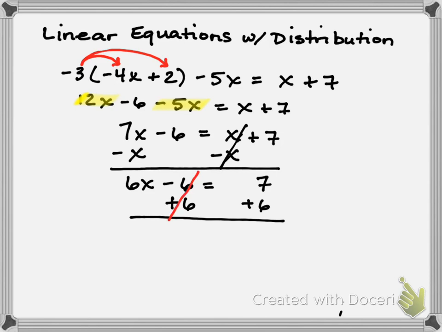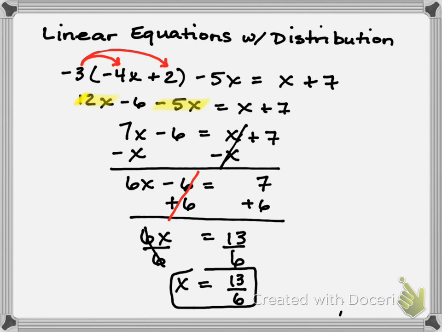And now I'll come down here and say 6x equals 13. And now I need to divide by 6 on both sides so that my x becomes a 1x, and 13 doesn't divide by 6 equally, so I'll leave it as an improper fraction. So my solution is x equals 13 over 6.